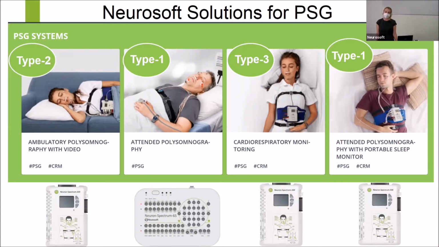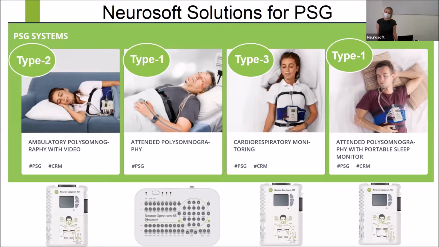These systems are used for attended, facility-based polysomnography. It means that we can use this system at a sleep center, and during the test the medical staff monitor and observe the patient. Usually the video monitoring is performed synchronously with the PSG test.